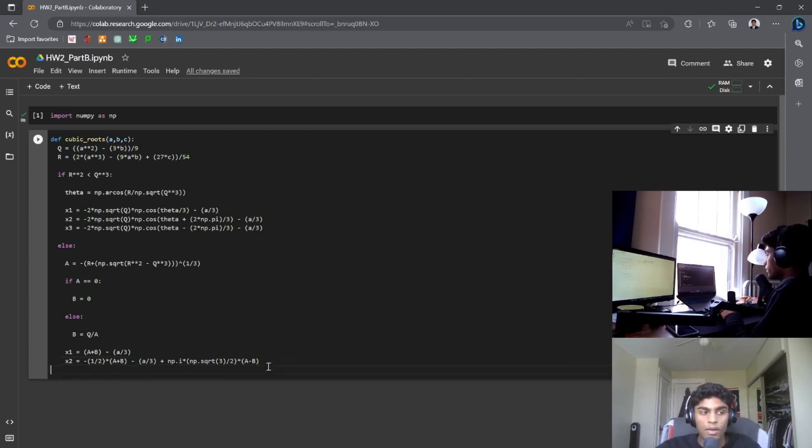And that should give us our other x root, which is going to be an imaginary root since we are in that imaginary plane.